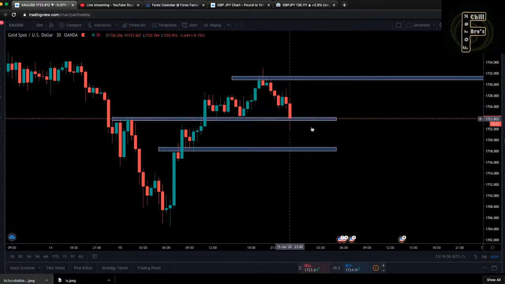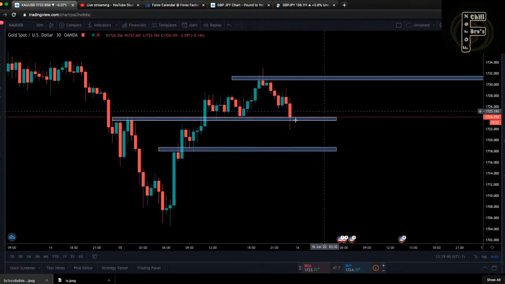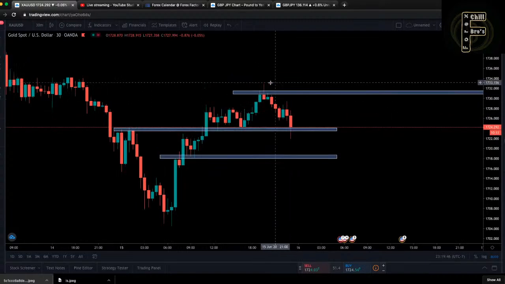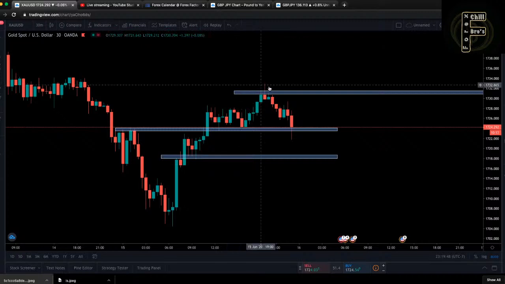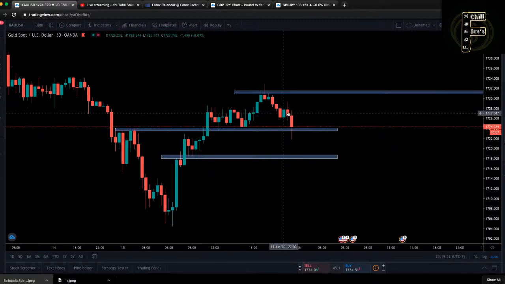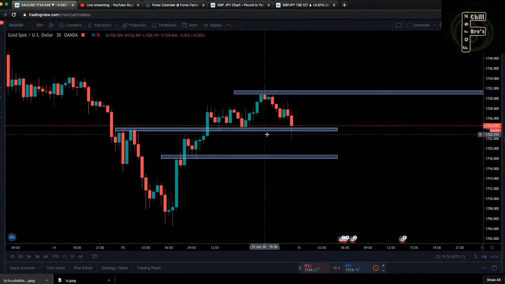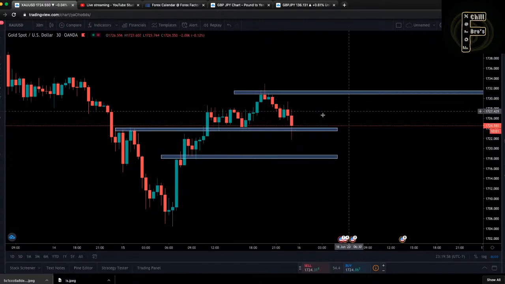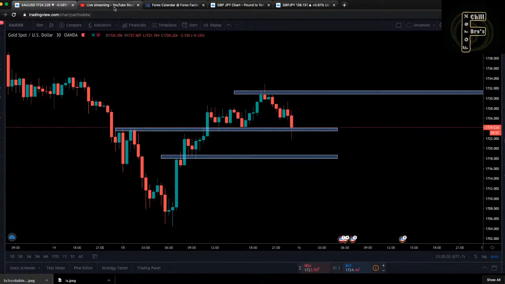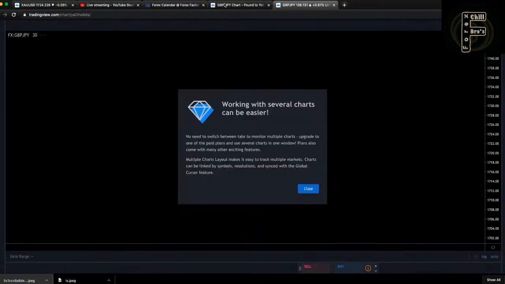If price closes, we have 10 minutes, so you just have to chill out and wait for price to close below. Price made a minor resistance here again, so then we push down. I'm convinced price is going to push down, but you just have to wait for candle close. Don't just rush and jump into the market and lose money.